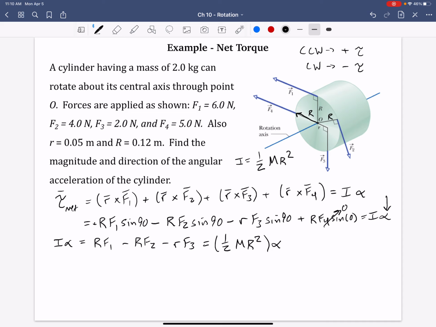The problem tells us the mass is 2 kilograms, and capital R is the same as what we have in the torques. Now we can plug everything in. I'm going to solve for alpha, so I'm dividing by what's in parentheses. Dividing by 1/2 m r squared means we have a 2 on top.